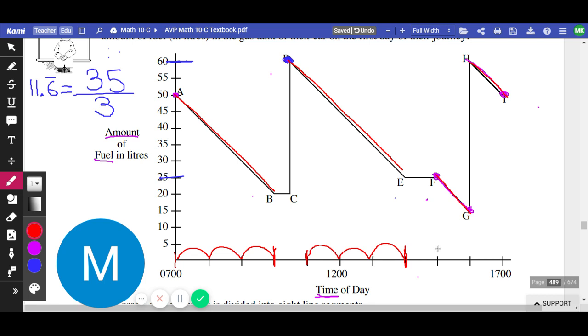Then they drive from F to H, so they drive for another hour. Then they fuel up, and they drive for another hour. The total number of hours would be 1, 2, 3, 4, 5, 6, 7, 8 hours of driving. Split up over a couple stops, but it's 8 hours of driving total. That's how you could interpret that graph for driving hours.